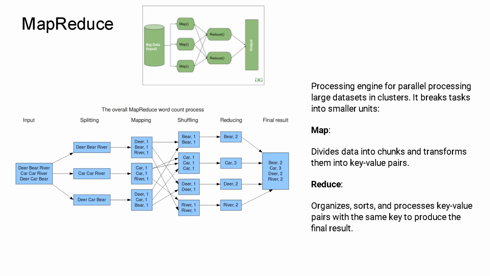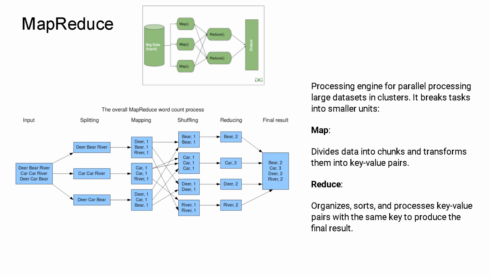Okay, so let's have a quick look at the MapReduce concept. It is a processing engine for parallel processing of large data sets in a cluster. First, it breaks tasks into smaller units. Like here inside the input, it splits data into different smaller units, and then it will divide using map.